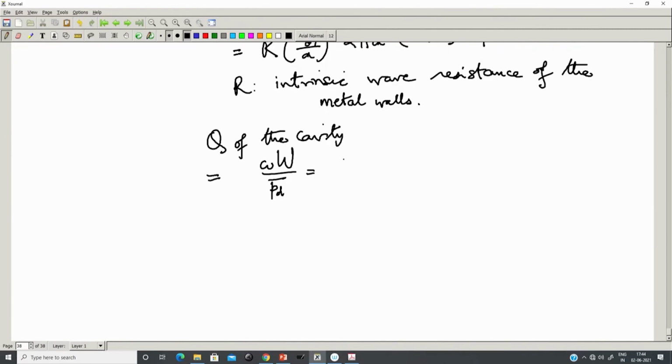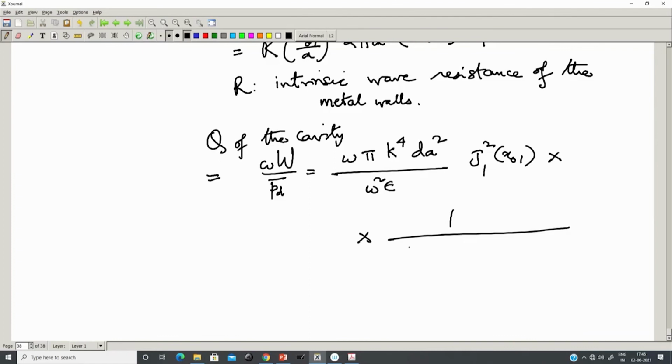That is equal to omega pi k to the power 4 d A square by omega square epsilon J1 square x01 times 1 by R x01 by A whole square 2 pi A d plus A J1 square x01.